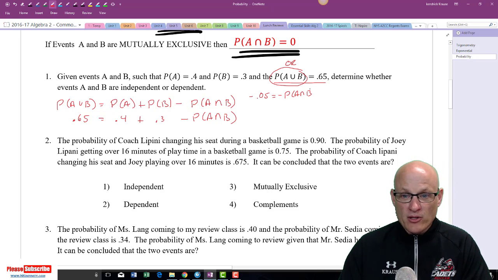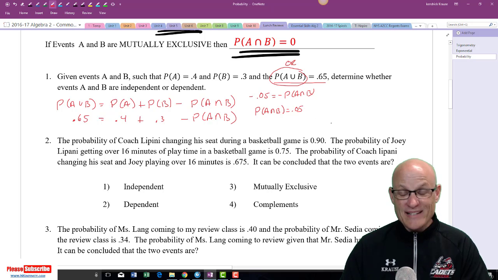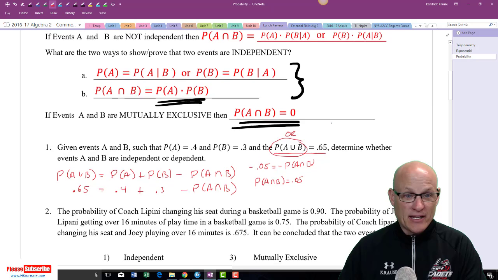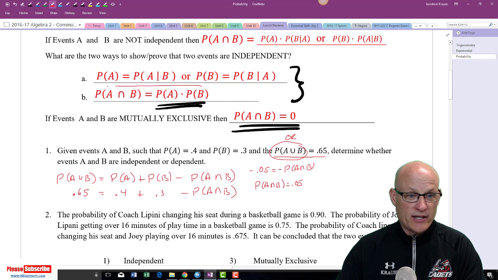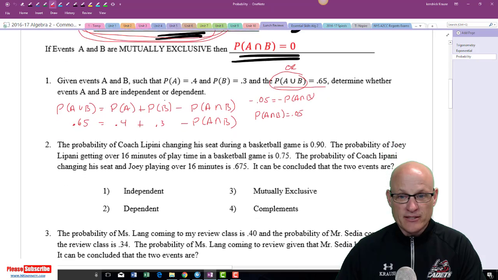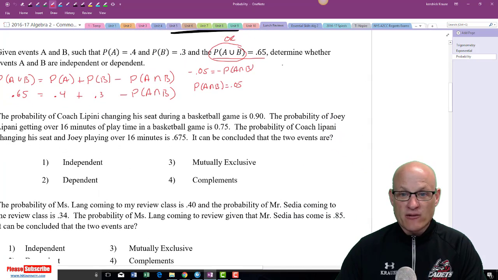Or the probability of A and B is equal to 0.05. Well, that doesn't tell me if they're independent or not. I have to use this test for independence. If they're independent, then the probability of A and B is equal to the probability of A times the probability of B.